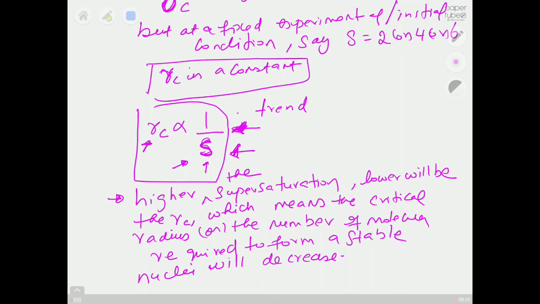So that's the meaning of all these things. Yeah. So let's keep it like that.